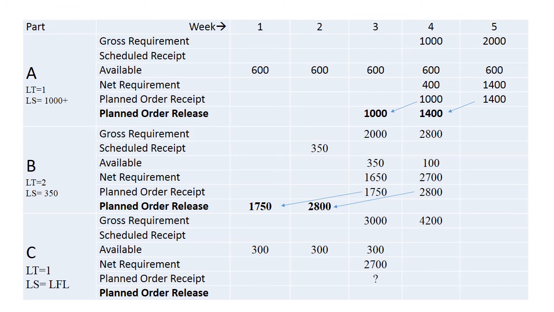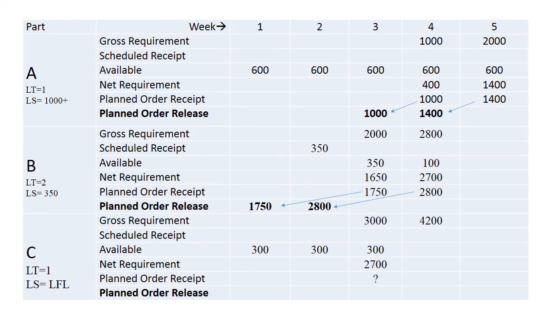If you look at C, if you recall, there were 300 quantities available, and since you don't plan to use them in week 1 and week 2, they will be carried over until week 3, and therefore your net requirement will be 2,700. And the question for you is, what should be the planned order receipt? Again, planned order receipt depends on lot size. If you need 2,700, how much should you plan to receive in week 3, and therefore how much should you order in week 2, because lead time is 1 week.